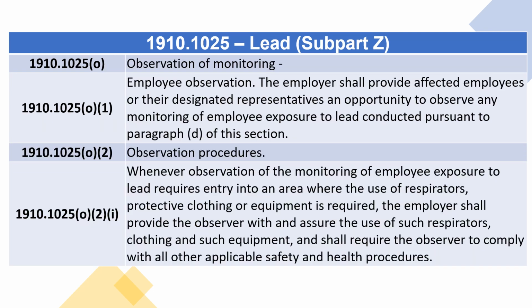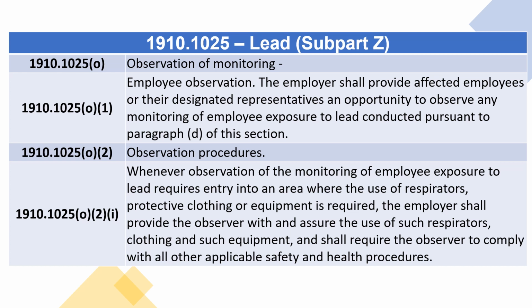1910.1025 (o). Observation of monitoring. 1910.1025 (o)(1). Employee observation. The employer shall provide affected employees or their designated representatives an opportunity to observe any monitoring of employee exposure to lead conducted pursuant to paragraph (d) of this section. 1910.1025 (o)(2).